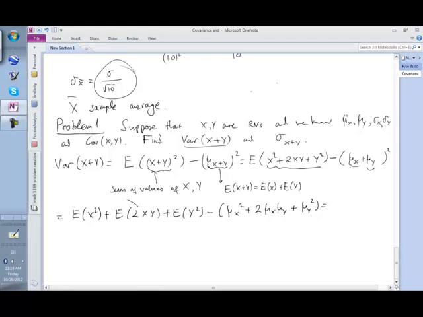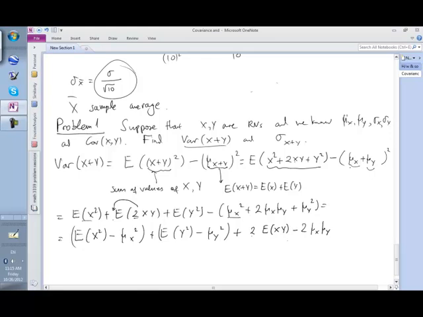And now this 2, which is a constant, can be pulled in front of this. But at the same time, I can begin grouping things here. So I will group this with this, and I will do the same with the expected value of y squared. After pulling 2 in front of the expected value, here I have 2 times the expected value of x times y minus 2 times the product of the mean values of x and y.